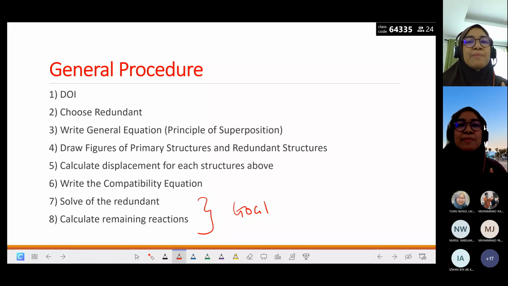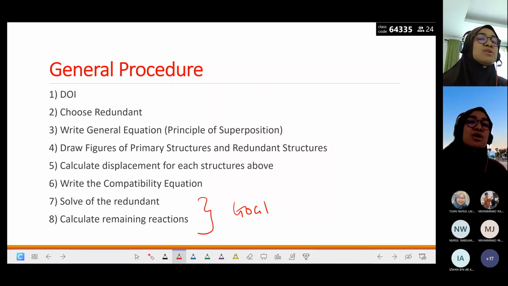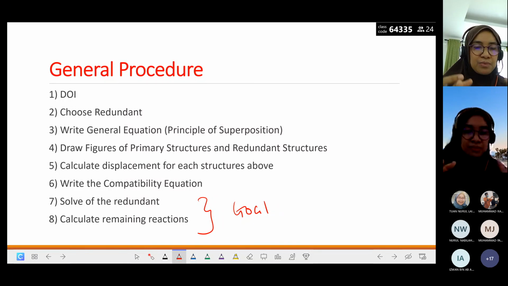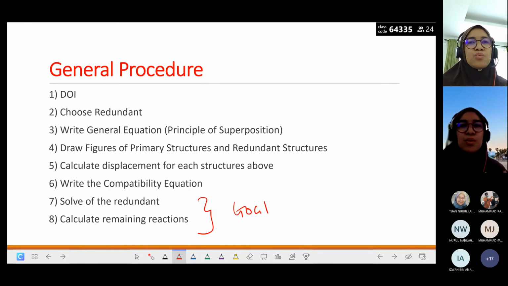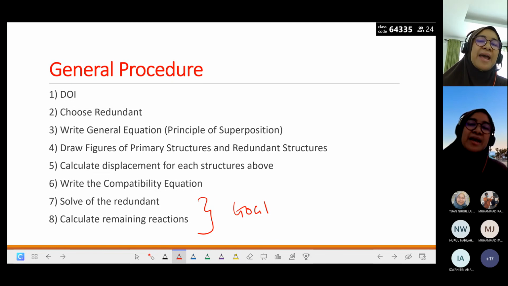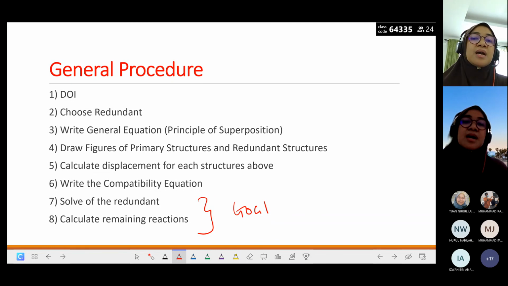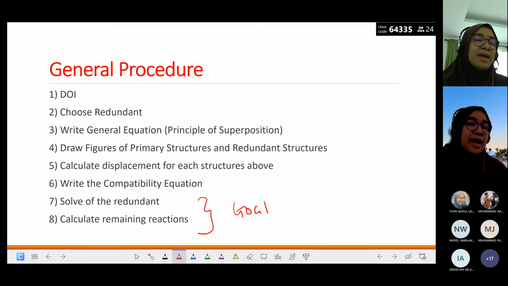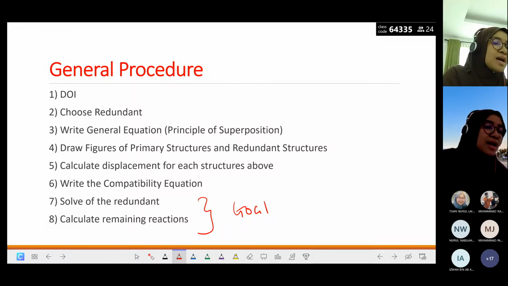So what is our aim? It is to calculate reaction, because this is actually the meaning of the flexibility method. Flexibility method takes place whenever we cannot analyze reaction using equilibrium equation. So the goal for flexibility method is to calculate reaction.